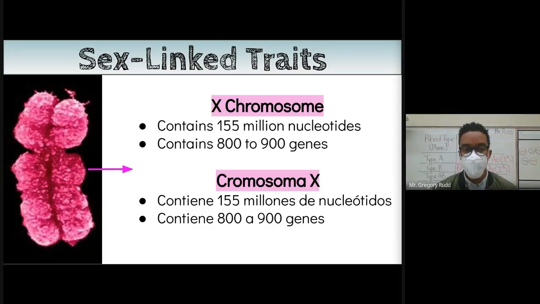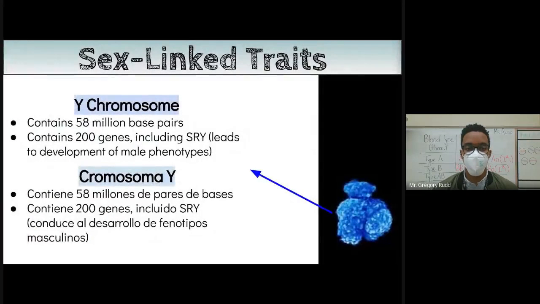That's a lot. Keep in mind, chromosomes are, of course, DNA that is just tightly wound around these proteins called histones, but that's a little bit above the level of this course. The Y chromosome is the other sex-linked chromosome, or sex chromosome. It's much smaller. It contains only 58 million base pairs and only 200 genes.